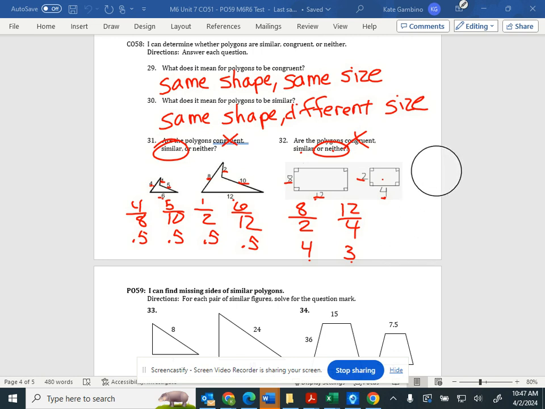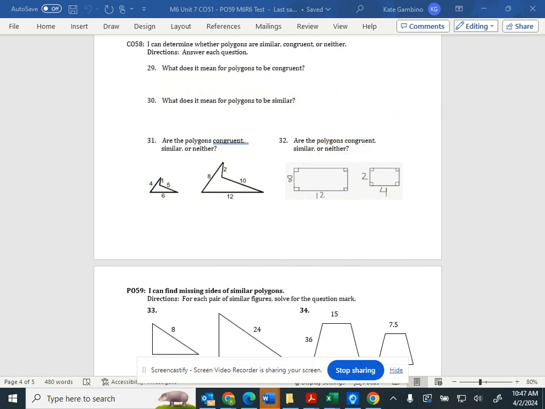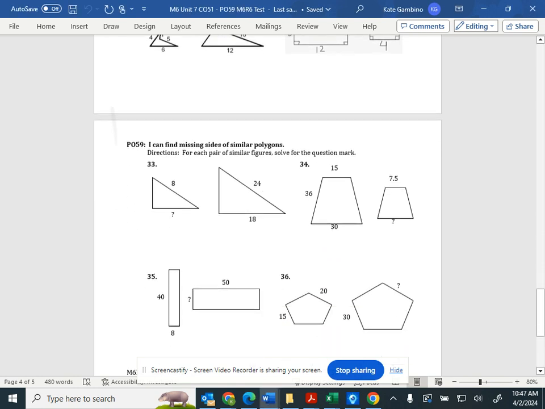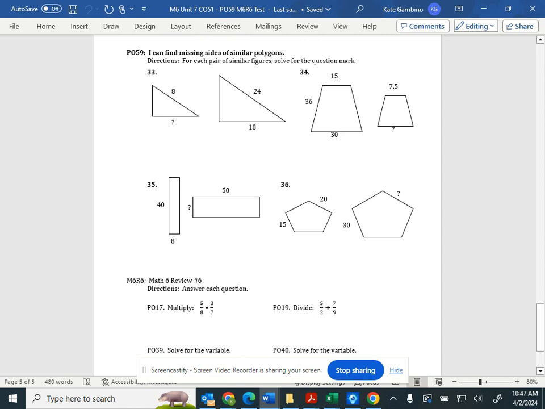All right, so let's look at the last one, CO59. So now we know that they are similar polygons. So we know they're proportionate, but we need to find the missing side. So remember, we have to match up those corresponding sides. So I did the long over the long, so 8 over 24, then the question mark over the 18.